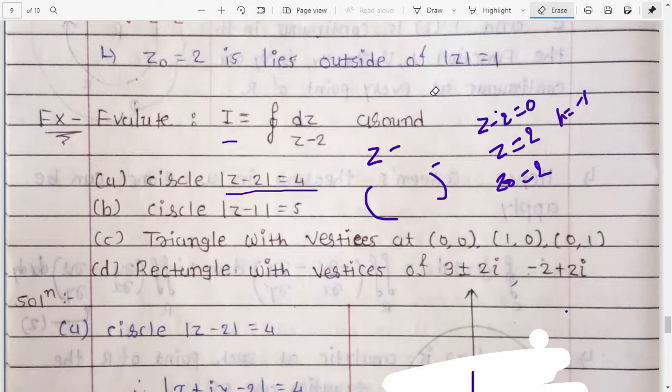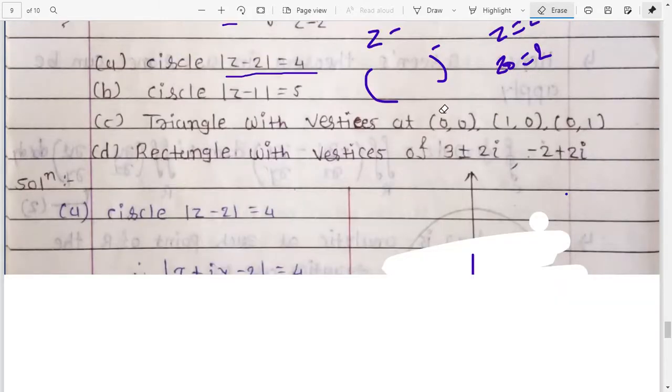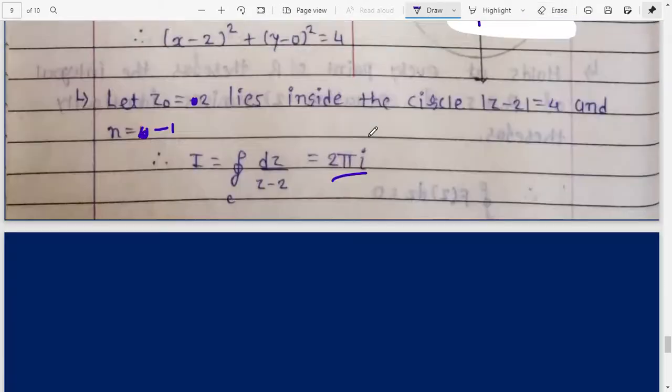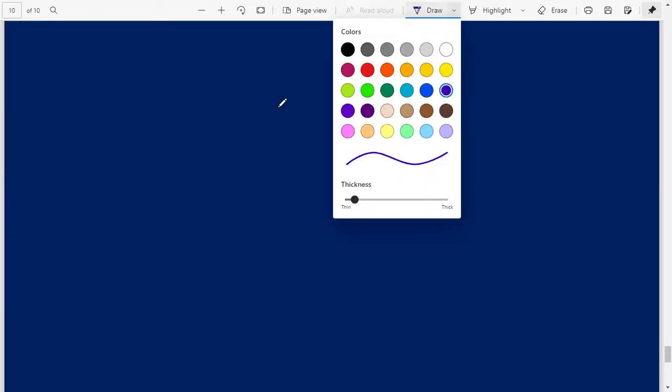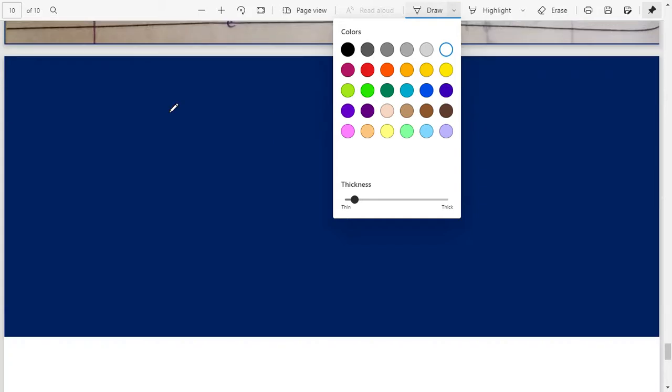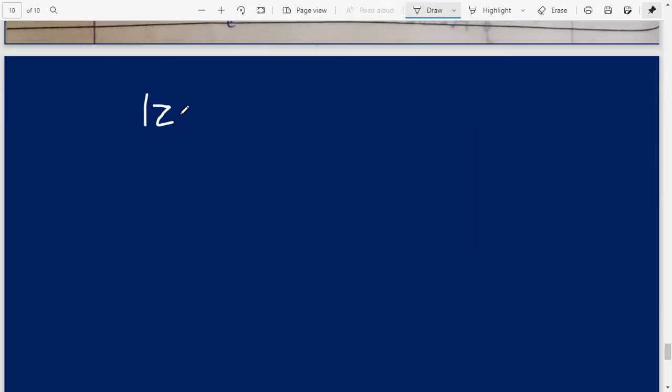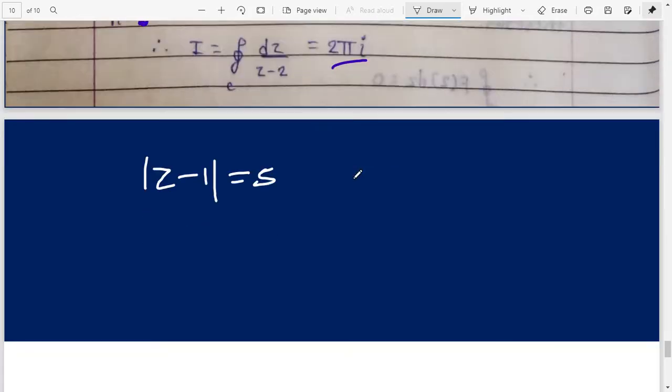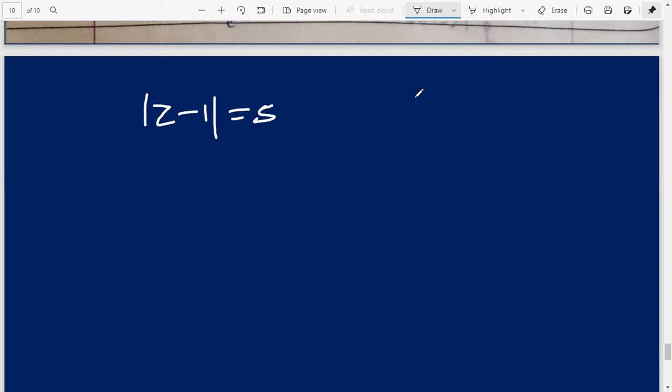Now we take the circle mod z minus 1 is equal to 5. So center at 1, 0 and radius root 5.